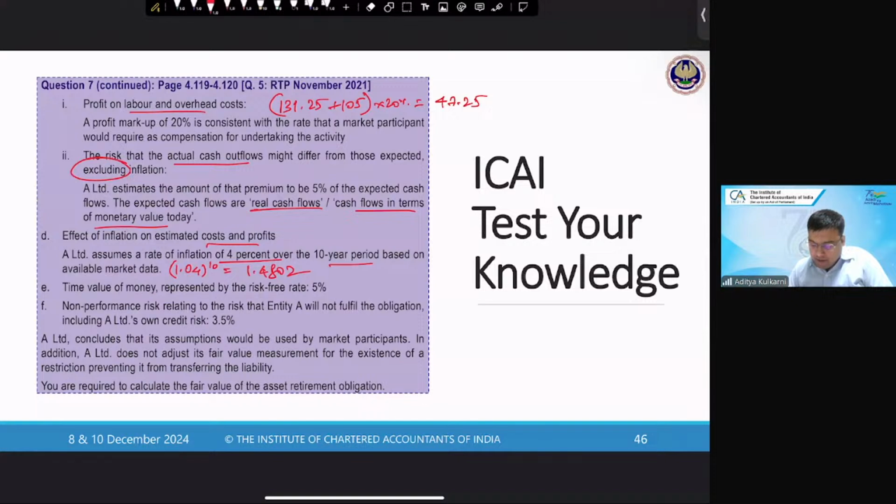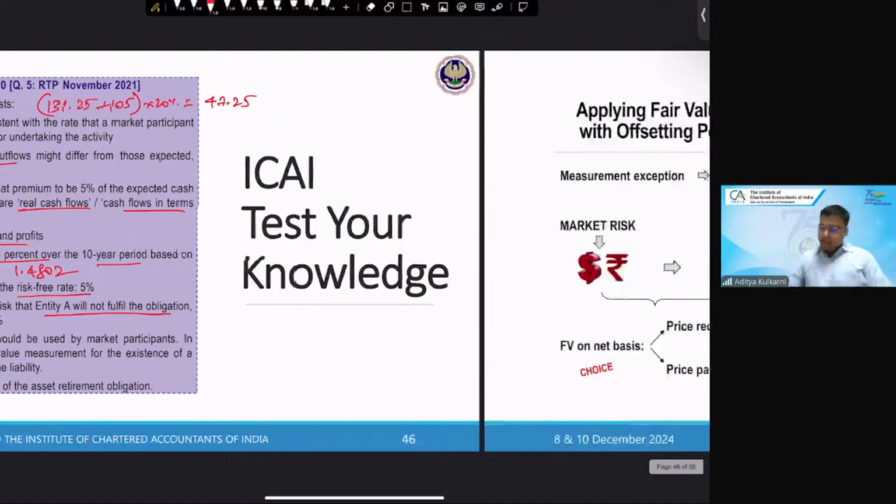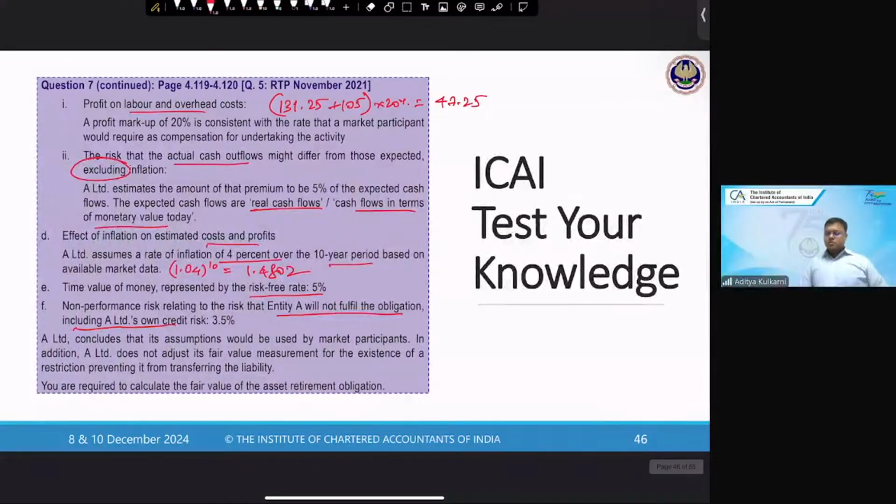Time value of money represented by risk-free rate of 5%. Non-performance risk relating to the risk that entity A will not fulfill the obligation, including A Limited's own credit risk, is 3.5%. A Limited concludes that its assumptions would be used by the market participants.